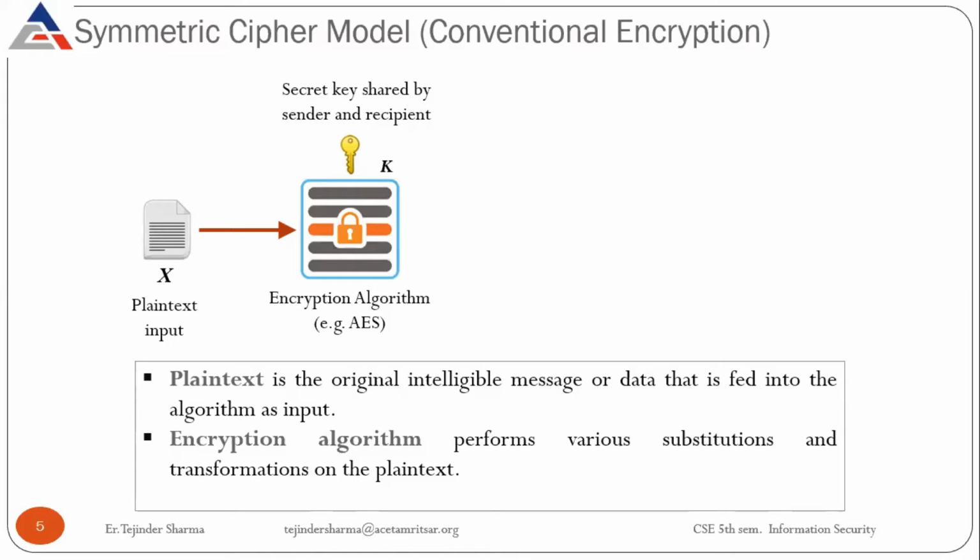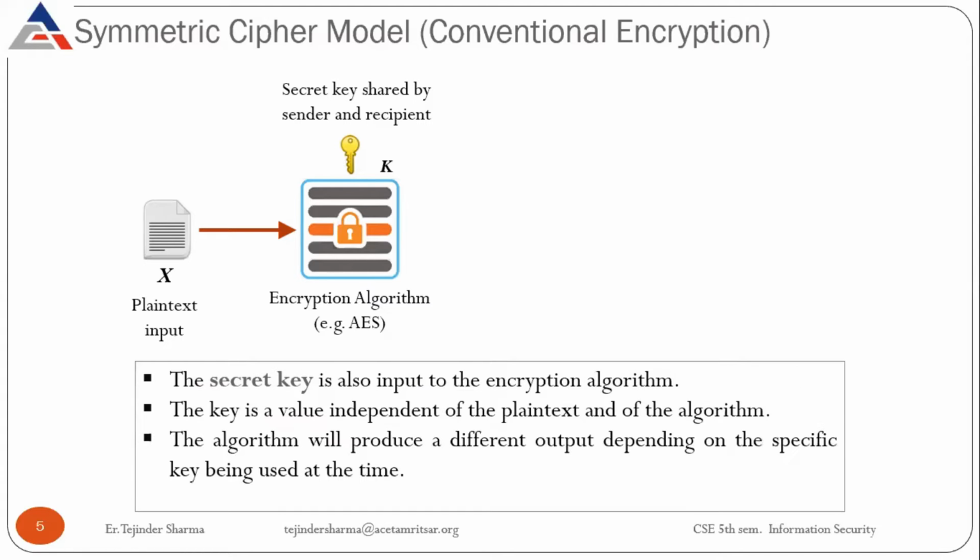We give the plain text as input to the encryption algorithm. Then it performs various substitutions and transformations on the plain text, or it applies some mathematical functions in order to convert the plain text into the non-readable, or non-intelligible, form. Fine. Intelligible form is the form which can be read by any person.